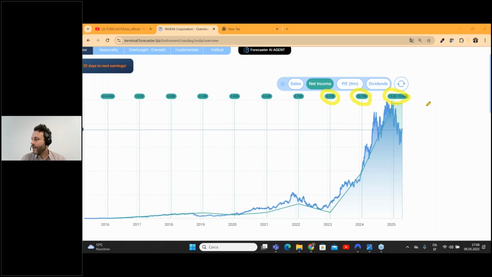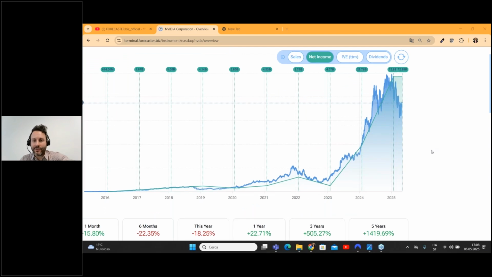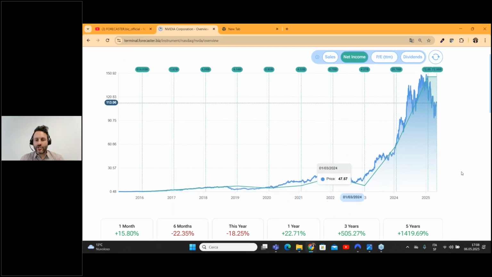And this is something amazing that allowed the price of the company in the stock market to rise. But as you can definitely see from this chart, where you can find both the share price and the net income, the price of the shares goes exactly where the results are.